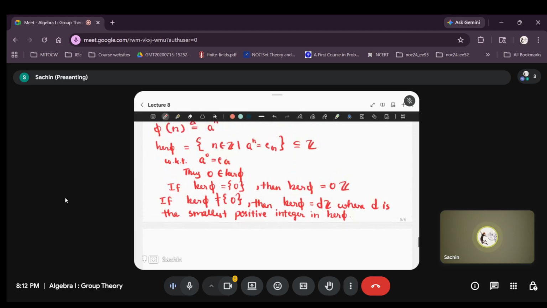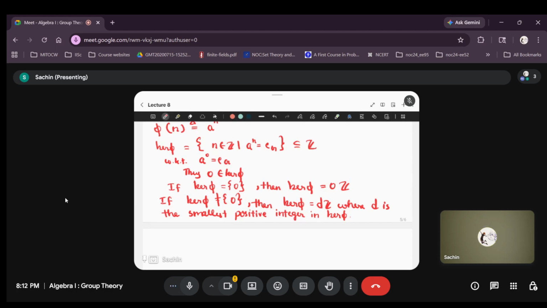What is the smallest positive integer in kernel of phi? Here a is fixed. That would be the smallest positive integer n such that a power n is equal to e.